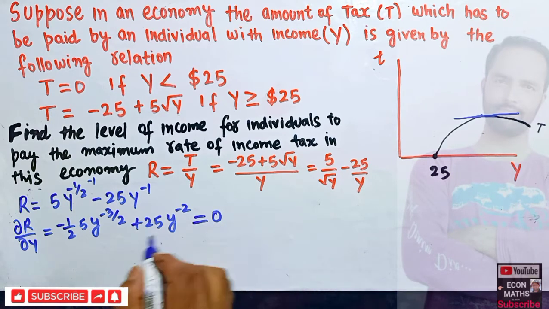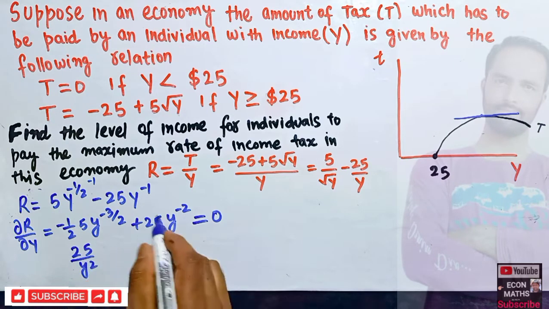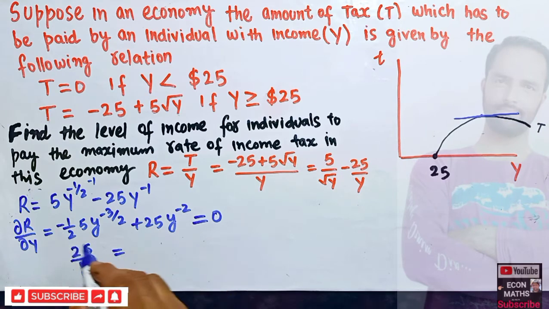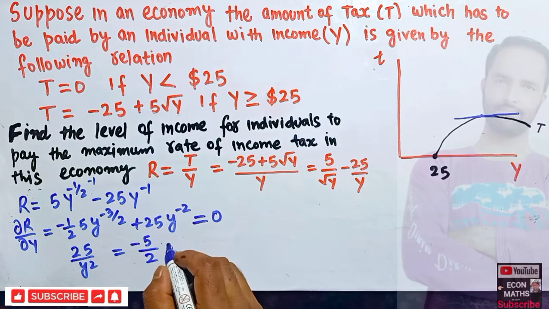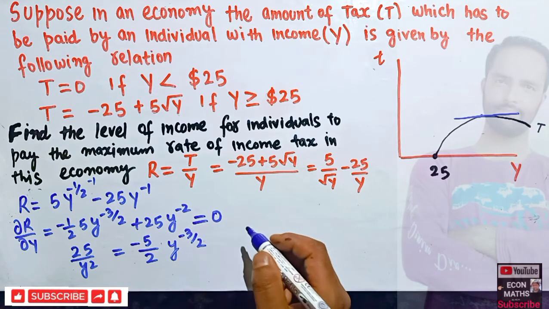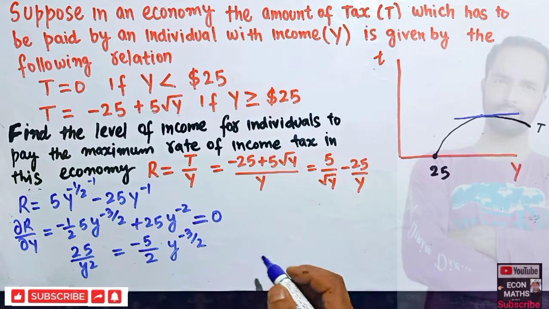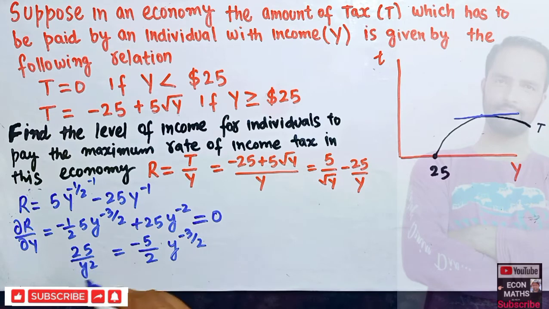Solving it further, we can write it like this: 25 upon y square will be equal to, 2 fives are 10 here, minus 5 upon 2 y raised to the power minus 3 upon 2. Let us solve for y. Let's transpose this term here and this term here.